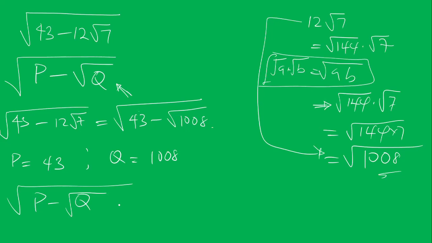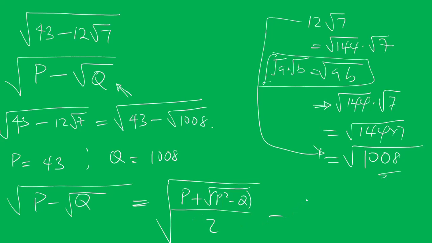I made a proof concerning this generic formula, where the square root of p minus the square root of q is equal to the square root of p plus the square root of p squared minus q, all divided by 2, minus the square root of p minus the square root of p squared minus q, all over 2.